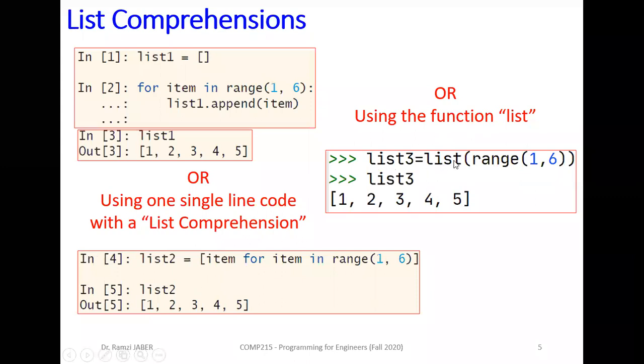List is a built-in function which includes these three lines. This function will do this. When you call list with parentheses, range 1 to 6, it just adds them.